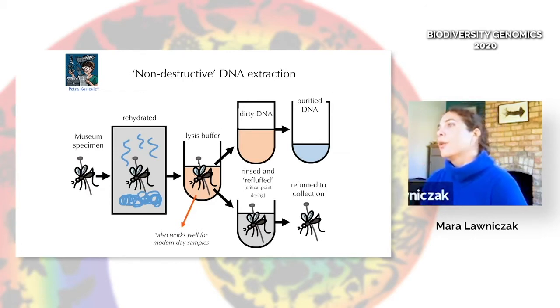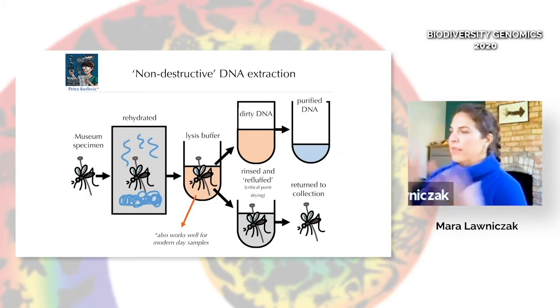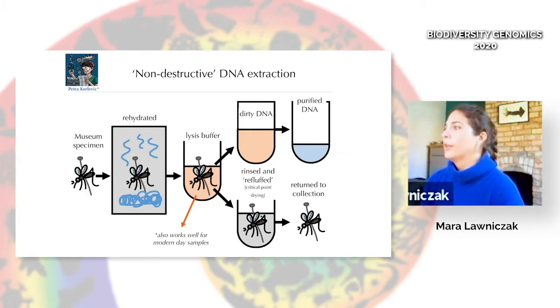Then they get submerged in the lysis buffer that releases their DNA. And then they go through this process of what we call rinsing and refluffing, which is a critical point drying that basically puffs the mosquito back up. Sometimes it looks even better than it did when we got it. This non-destructive lysis buffer is also working really well for us for modern day samples, and that'll come up later in my talk.